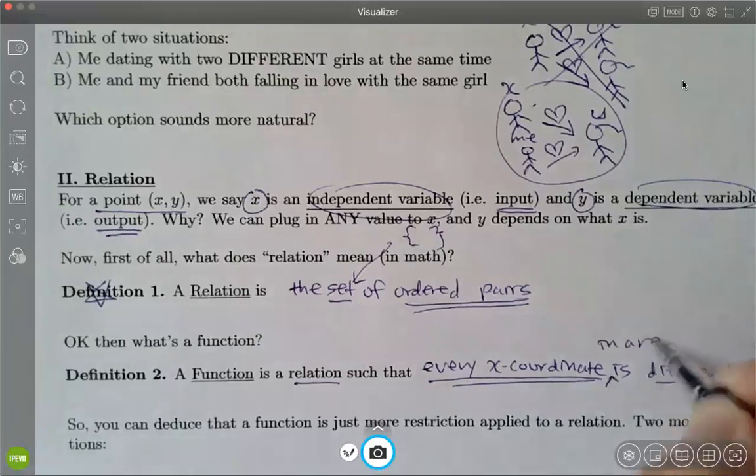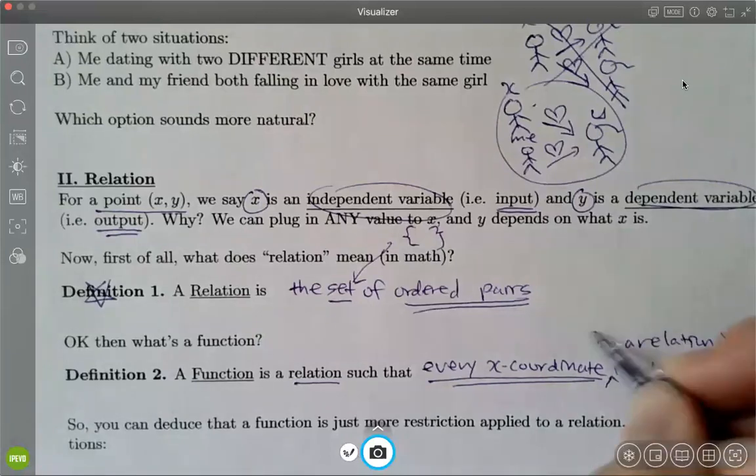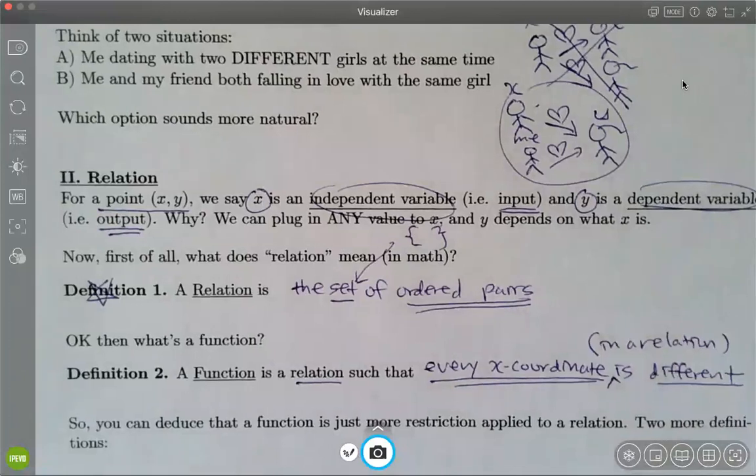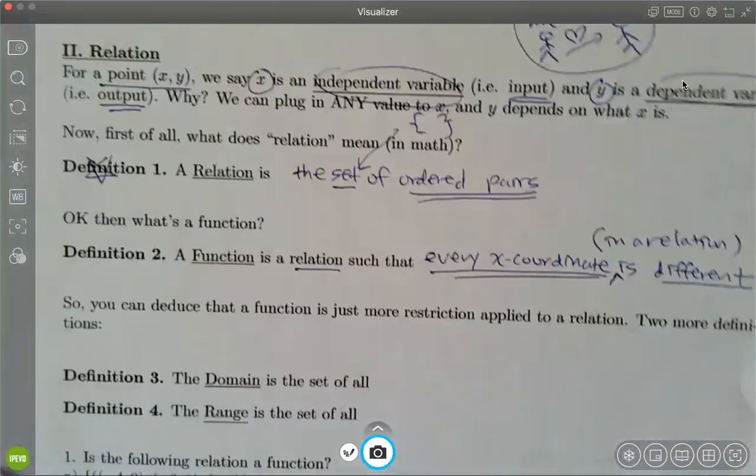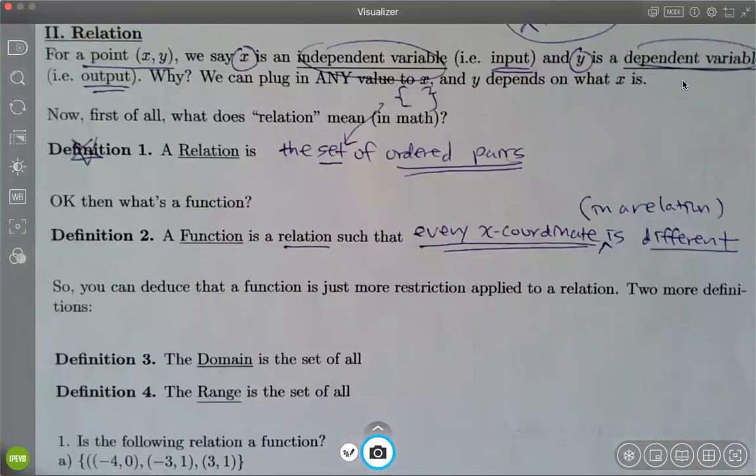That's kind of obvious, but just to be more precise, I'm adding that extra part here. So what do you notice? A function is a special case of a relation. It's a more restricted part. So a function is a relation, the set of ordered pairs, such that every x value has to be different.